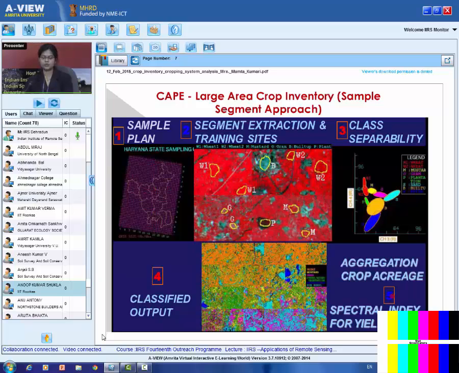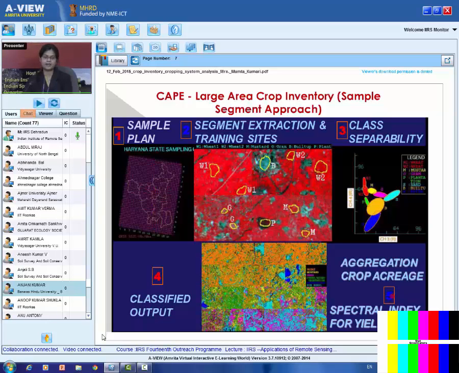So if we know the crop proportion of one sample segment, then simultaneously we calculate the crop proportion in all the sample segments in the strata. After that, we take the mean of crop proportion in the strata. So that is the mean value of the crop proportion.